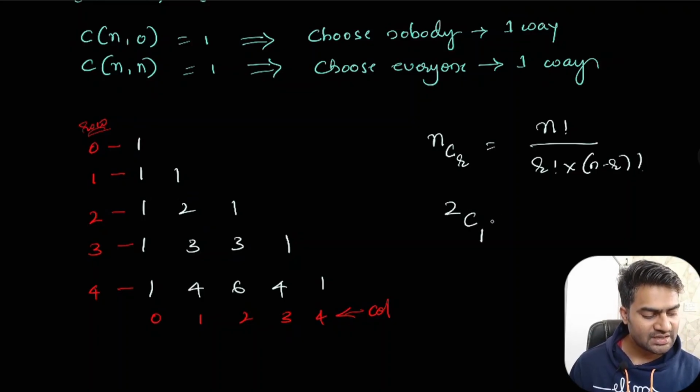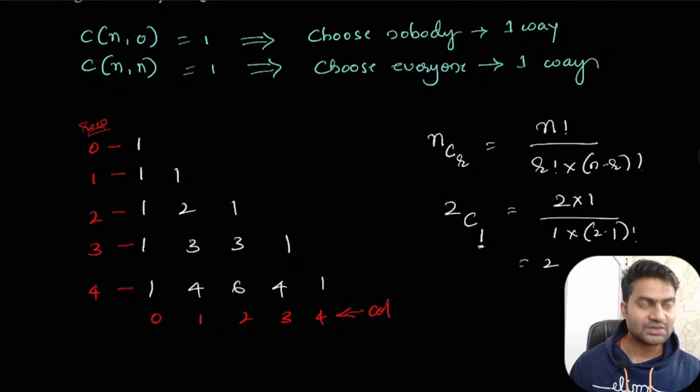So basically the row number is 2 and the column number is 1. What is the value of 2C1? It is 2 into 1 divided by r factorial, which is 1 factorial, which is 1, times n minus r factorial, which is 2 minus 1 factorial, again 1 factorial. So we will get 2.